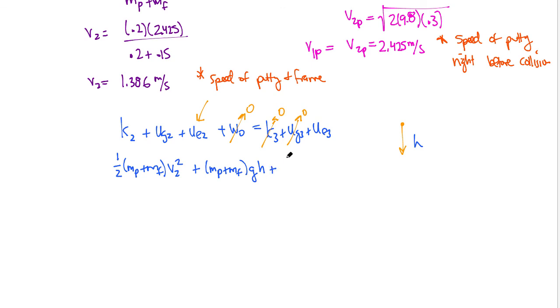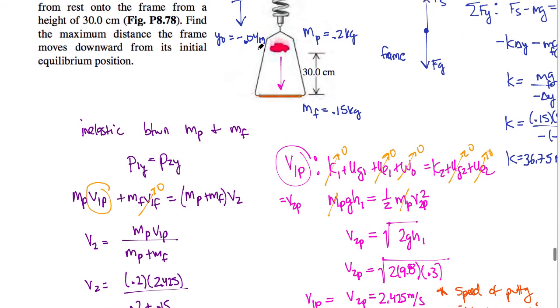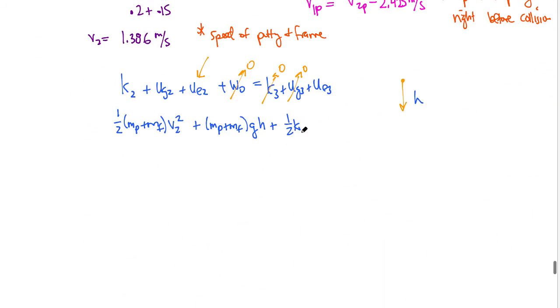Plus 1/2 K times my Y naught squared is equal to a final 1/2 K times Y naught plus H squared. Woo!